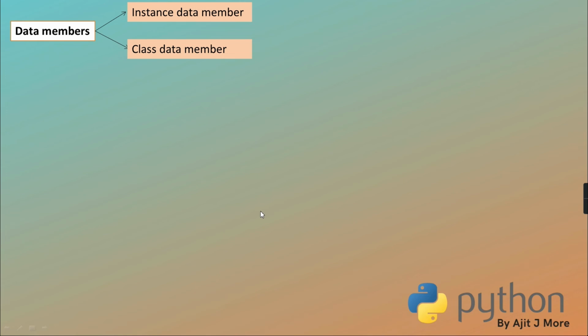Individual for each object will be called object instance data. And every object will have common access to class data members. All the objects share and can access the class data member without creating an object.